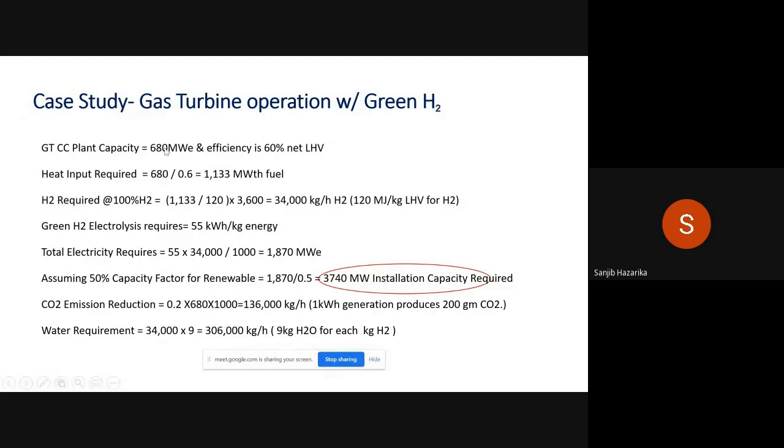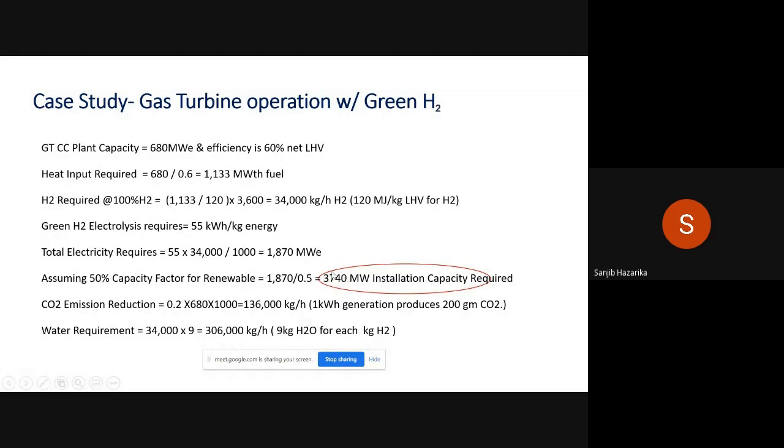So if we see, 680 megawatt is the plant generation, and the hydrogen requirement per hour is around 34 tons. Then the electricity requirement to produce that hydrogen is around 1,870 megawatt. As renewable has a lesser capacity factor, load factor, I just assumed it like 50%. That is also very much optimistic. So we will require an installed capacity of around 3,740 megawatt.